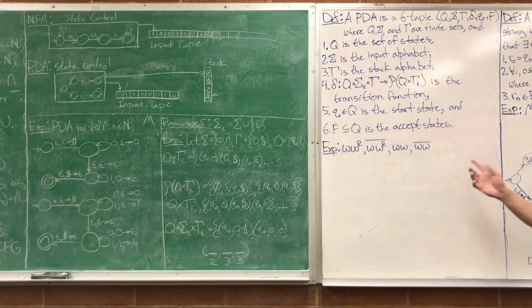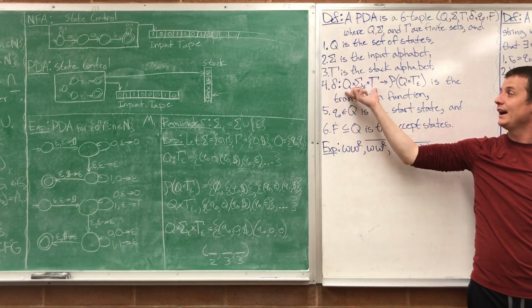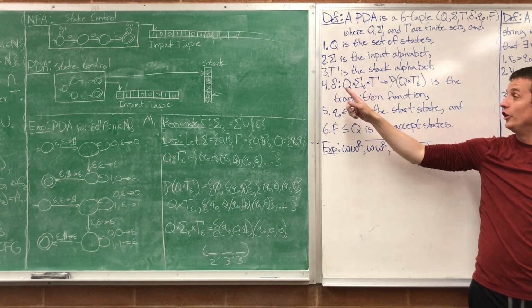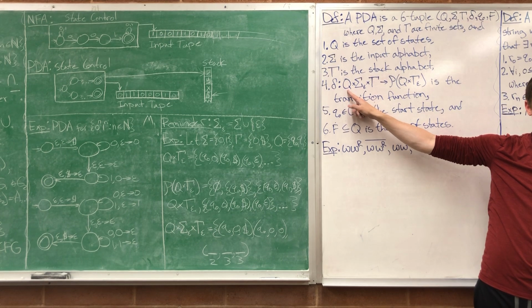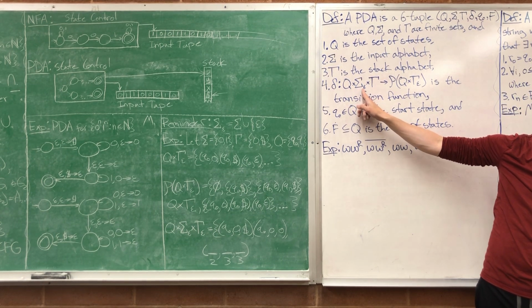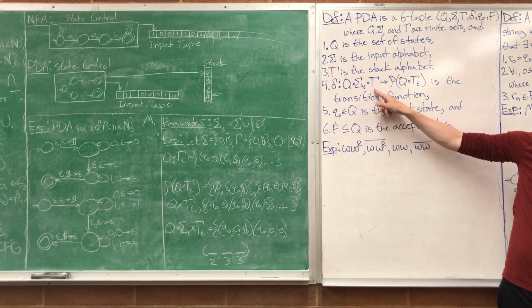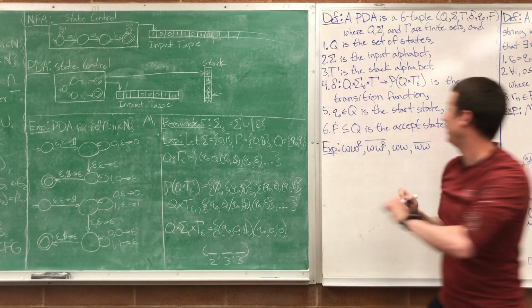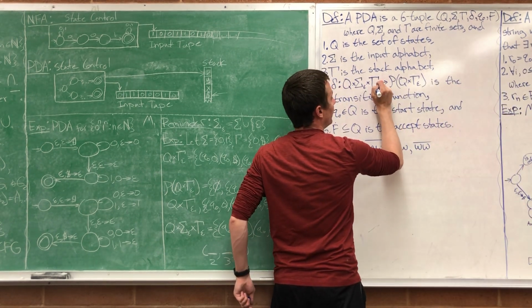And now our transition function, delta, takes as its input the current state you're on, the current input symbol you're reading off the tape, possibly nothing, and the current symbol on top of the stack that you're popping, possibly nothing.